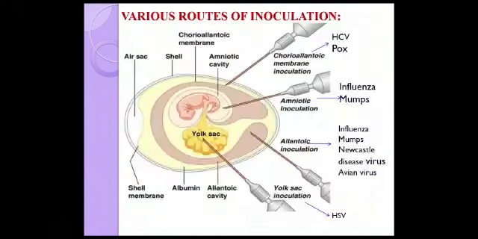These are the various routes by which you inoculate an embryonated egg, and this picture also shows the different types of viruses that have to be inoculated into the various parts of the embryonated egg. This picture is very important: when a 3-mark question is asked, if you can draw this diagram, label it, and write the viruses which can be isolated from these routes of inoculation, it will fetch you marks.